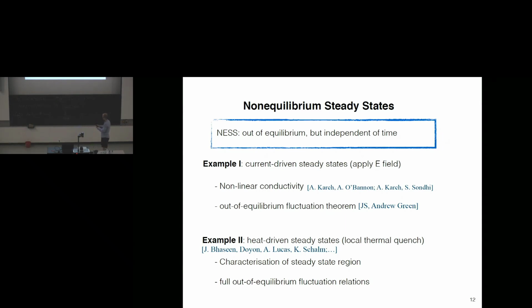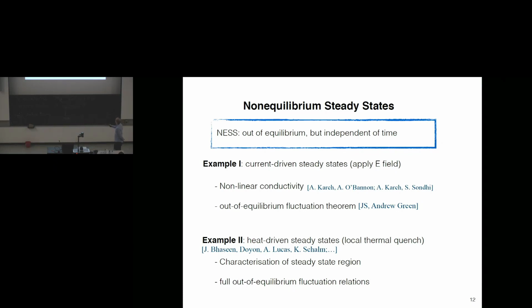And what happens as a function of time, excitingly, is that a steady state region forms in between two emanating shocks. It's a little bit more subtle than that, but one can say it like this. And you can characterize this steady state region using insights from holography. And again, because these insights are very geometrical, you can use this to get full out-of-equilibrium fluctuation relations also in this context.